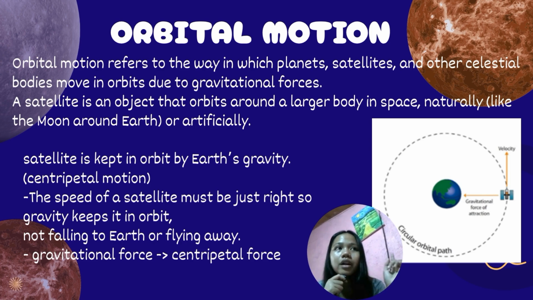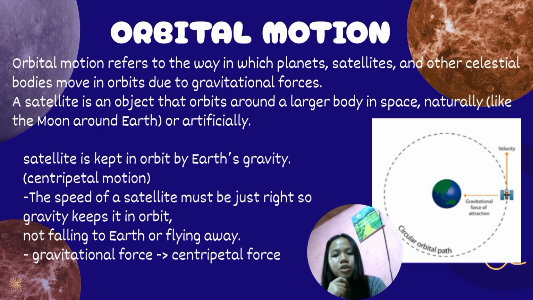How does a satellite orbit, why doesn't it fall if the Earth has gravity, right? It happens because as the gravity pulls the satellite toward the center, the satellite's forward motion keeps it moving around instead of falling straight down. So, as we know, the centripetal force happens if an object undergoes a circular motion.